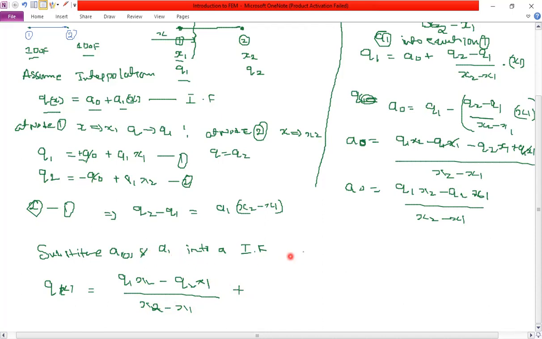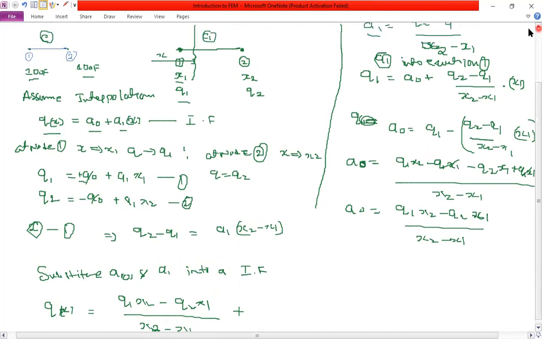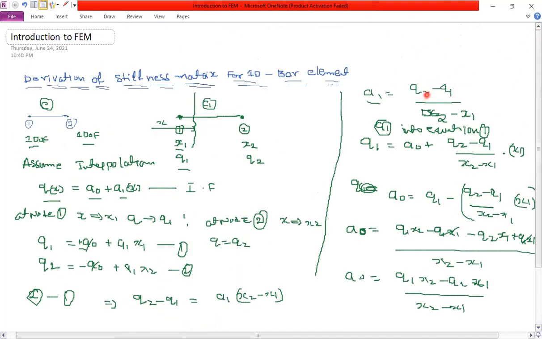Here a1 I have calculated, so a1 would be equal to q2 minus q1 by x2 minus x1.